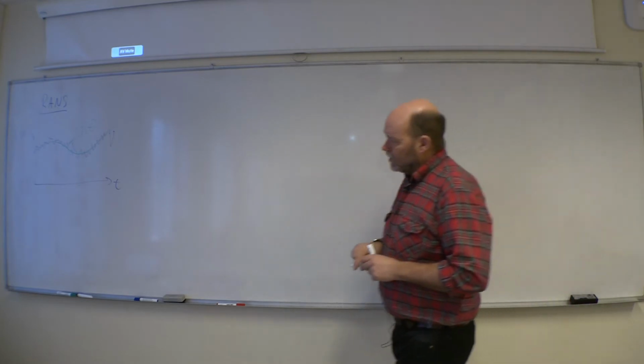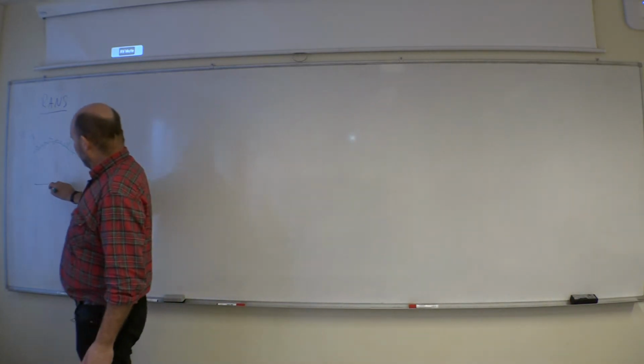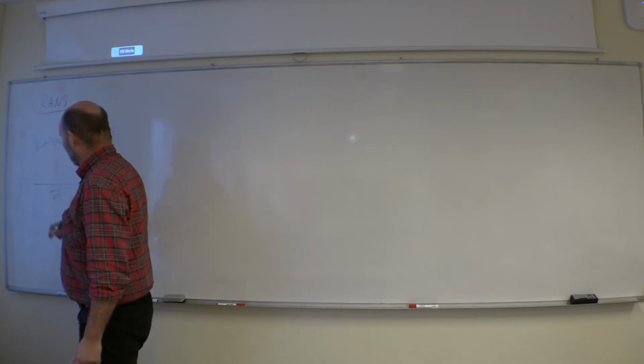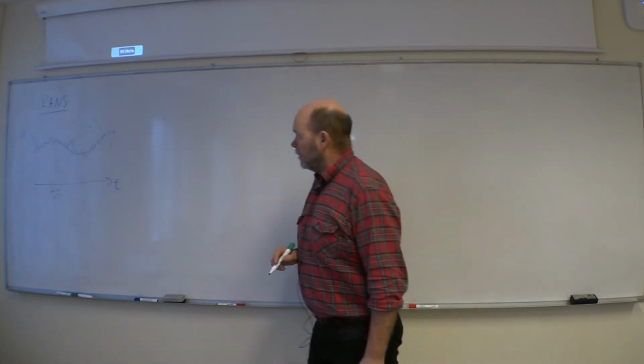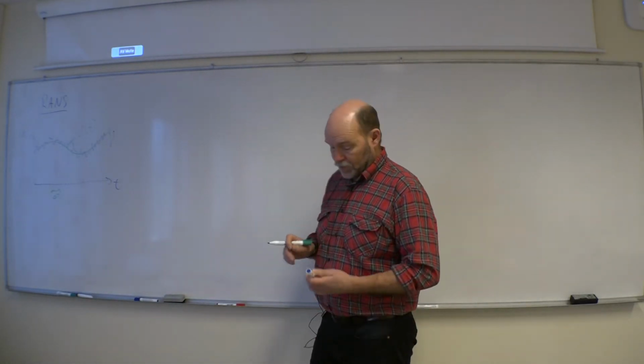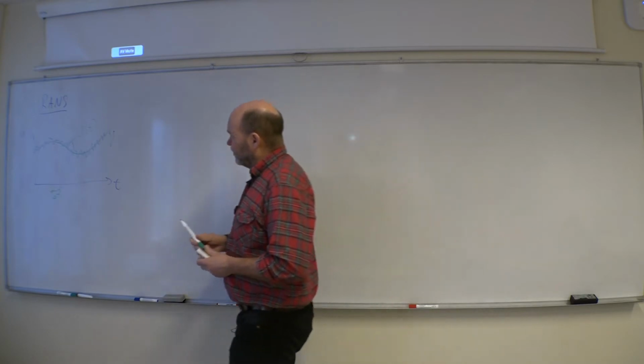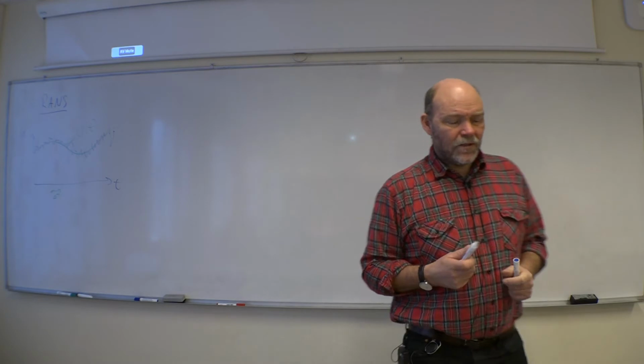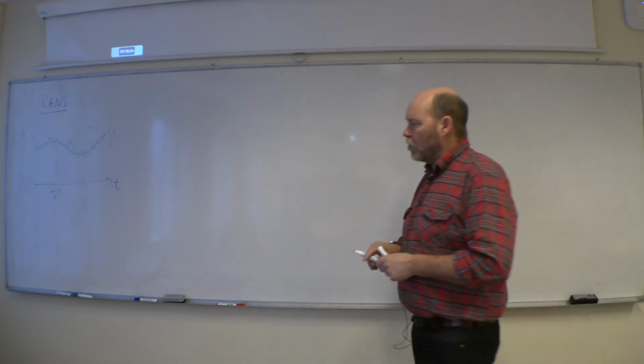Imagine you create a sort of time window, delta t of some kind. Then you say the average, the large U, the average velocity, is the average just within that window.